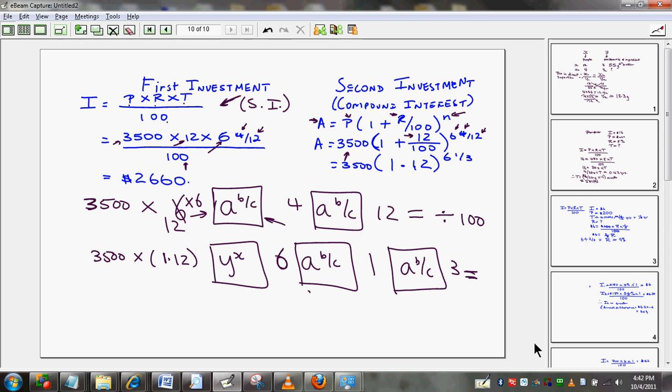The answer you should be getting is $7,174.34. Okay? So when you work that out, you should get $7,174.34 if you round it off to the nearest cent.